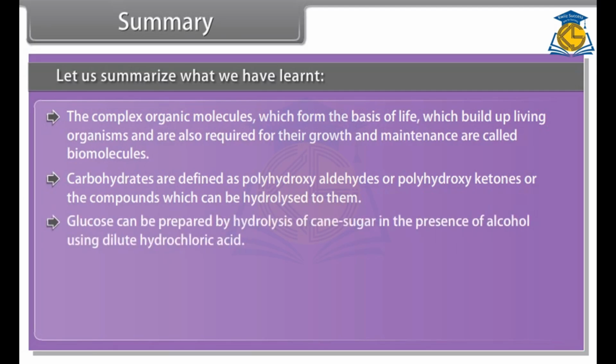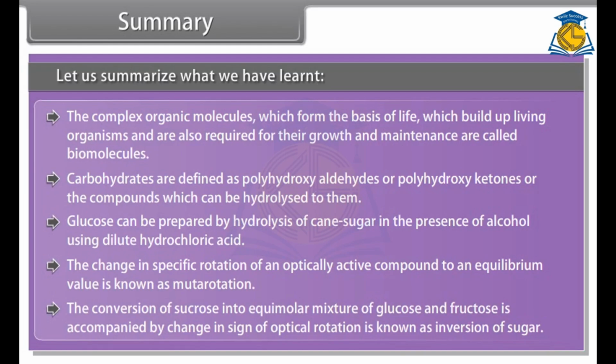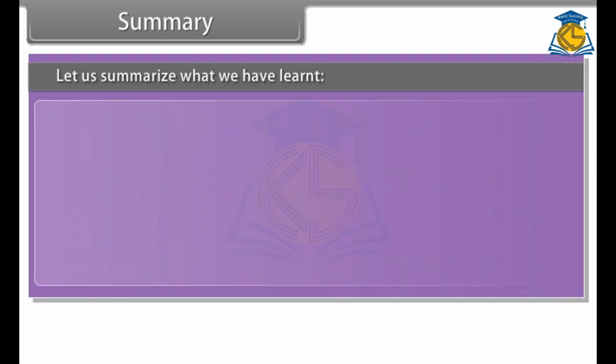Glucose can be prepared by hydrolysis of cane sugar in the presence of alcohol using dilute hydrochloric acid. The change in specific rotation of an optically active compound to an equilibrium value is known as mutarotation. The conversion of sucrose into equimolar mixture of glucose and fructose is accompanied by change in sign of optical rotation, known as inversion of sugar.